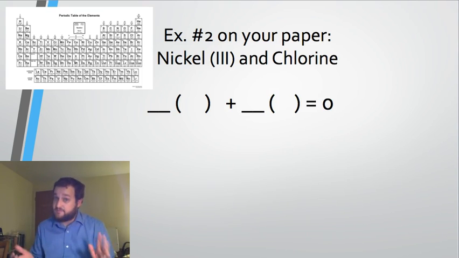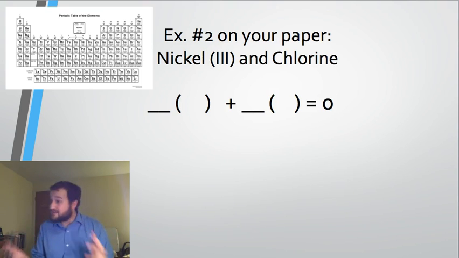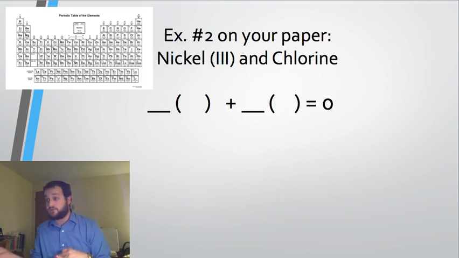If we have a metal, then we can use the stock system because it's a special type of bond. What type of bond is it? Great, so this is an ionic bond between nickel(III) and chlorine.